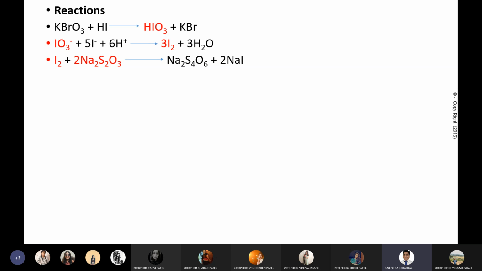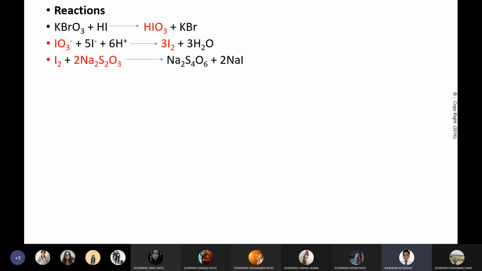Now, can you tell me what will be the relation? Suppose you want to find out the factor derivation, the way we derive the factor for sodium hydroxide and KHP, or for HCl by considering the sodium carbonate reaction. What is the final relation between KBrO3, our primary standard, and Na2S2O3?